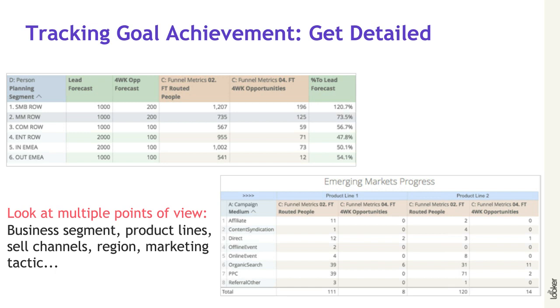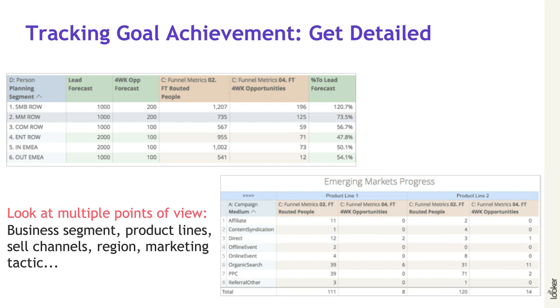So in that top grid table, we have a line item SMB, and it's doing great. It's 120% to goal. That's fabulous. You can go home at night and sleep really well. But as you go down the chart, you see line item 4, ENT, and it is 47% to goal. So it is struggling.